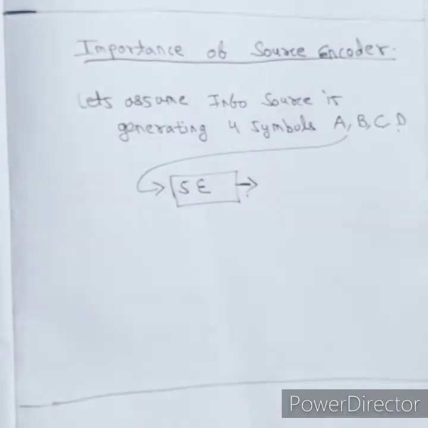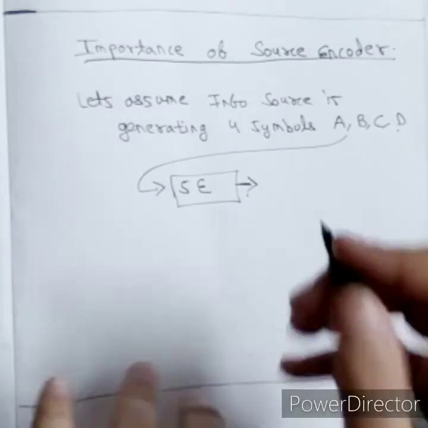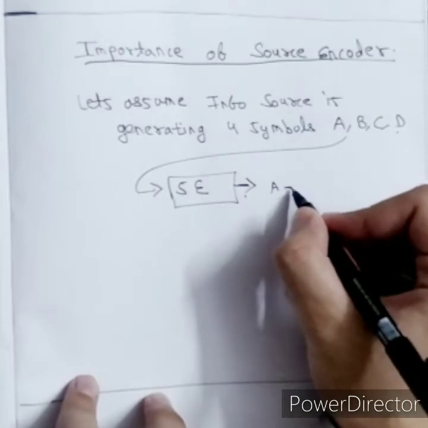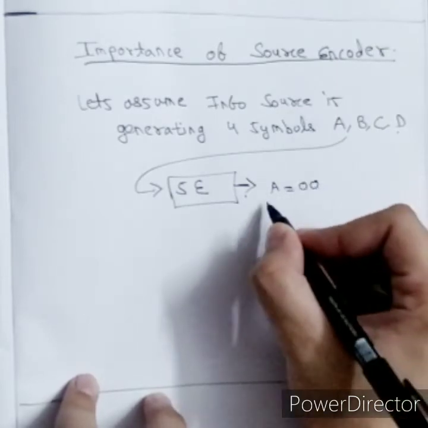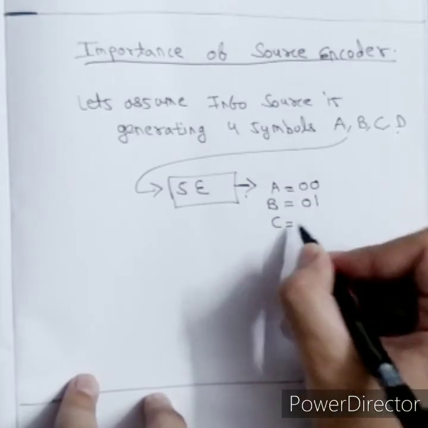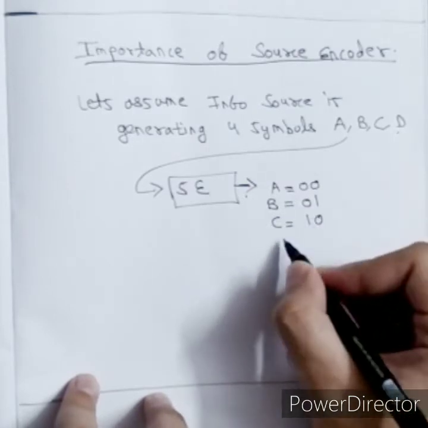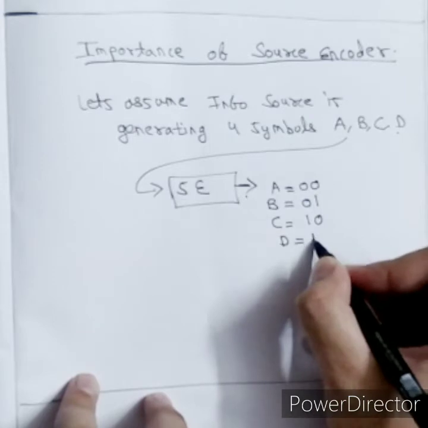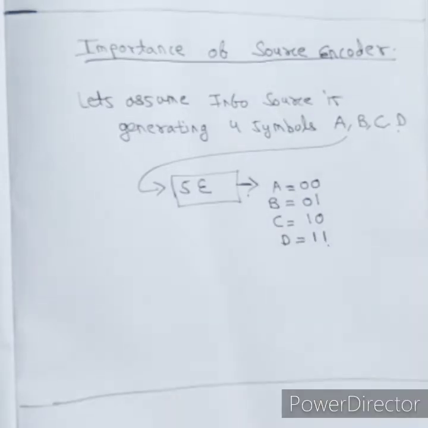Now one way to encode these symbols, the simplest way, is that A is mapped to 00, B is mapped to 01, C is mapped to 10, and D is mapped to 11. But is this the best way to map the information symbols? We will look at it.